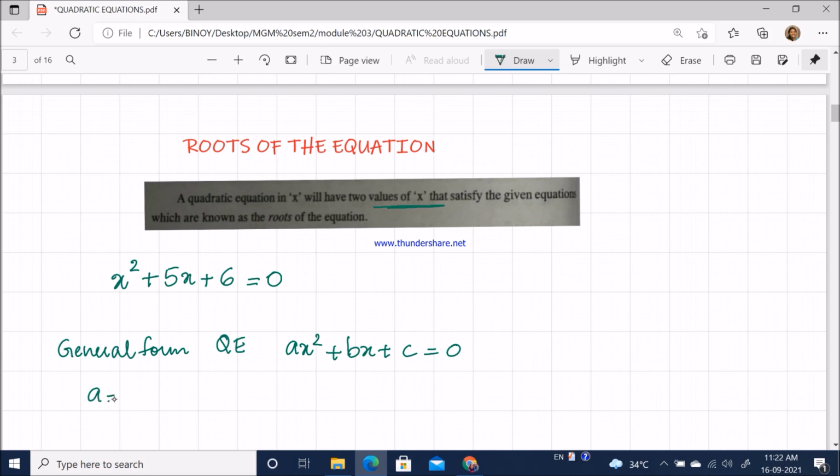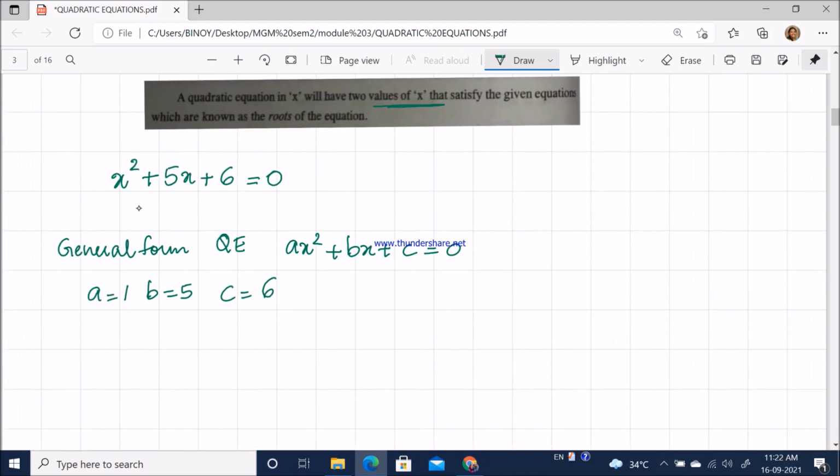So a is equal to 1, b is equal to 5 and c is equal to 6. Now I'm going to find the roots of the equation. In order to find the roots of an equation, you can solve the particular quadratic equation with the help of factors or by using the formula.